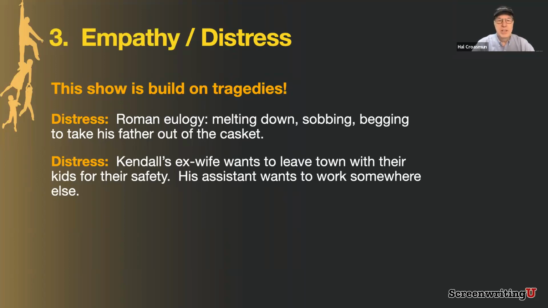Then he says, okay, that's totally okay. And then he flips out. So he gets one more piece of bad news as he's walking into the church. It's like he's had three pieces of bad news in a row. He's not dealing with this whole thing well. We may feel distress for him in that situation.